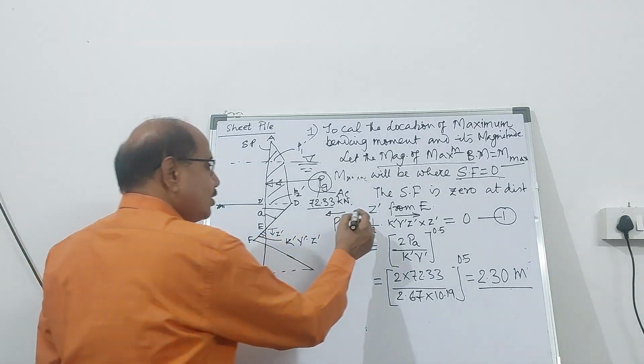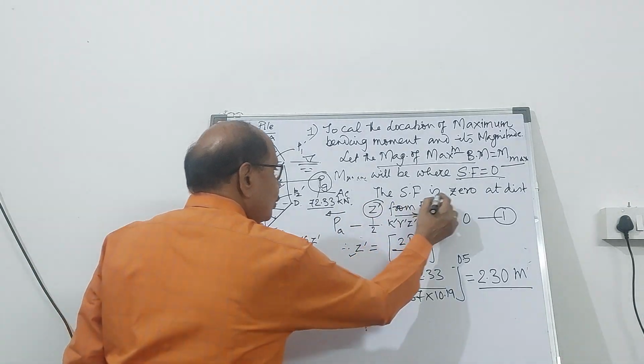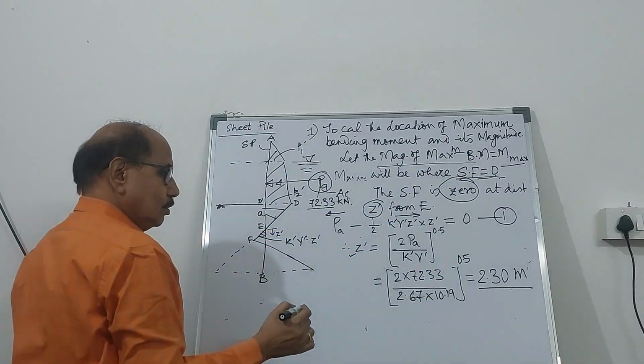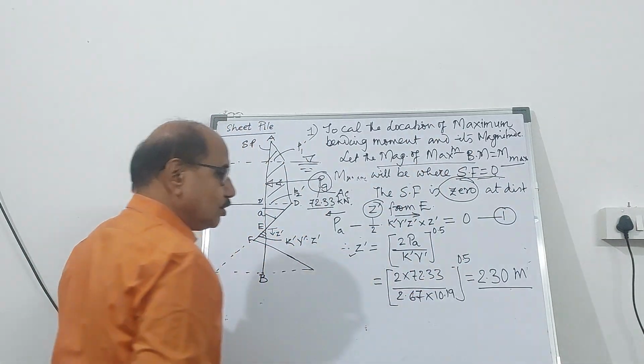So the distance where the shear force is going to be 0 has been found out as 2.30.